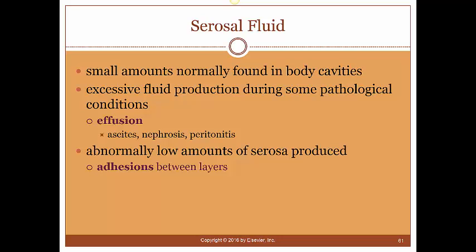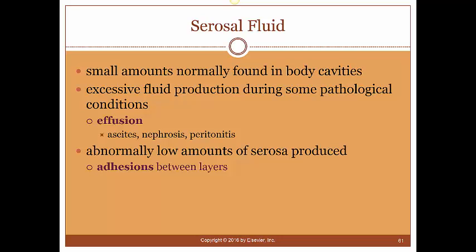Sometimes we actually get an excessive amount of fluid built up, and so we can see this in the case of too much fluid in the abdomen as ascites, or around the kidneys as nephrosis, or we can also get peritonitis, where inflammation in the abdomen causes that excess fluid to be made.